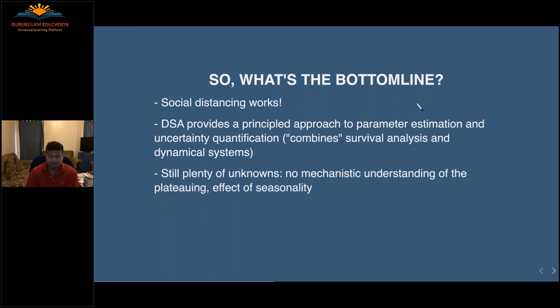The bad news is that there are still plenty of unknowns. There's no mechanistic understanding of this plateauing. We know that this is caused by, let's say, lockdowns and things like that, but it could be more nuanced. It could be more subtle than that. This explanation works for Ohio, but I'm not sure if that is the only possible explanation, and there could be something more than that. The effect of seasonality is not known.